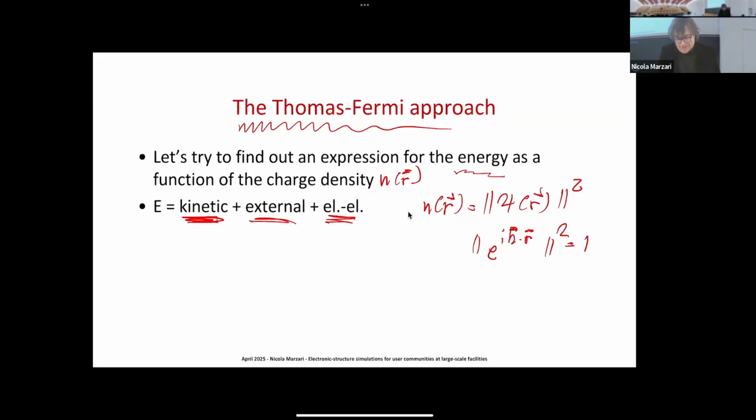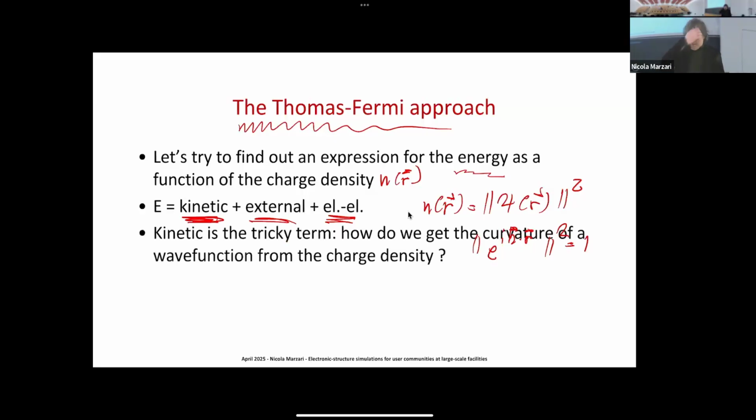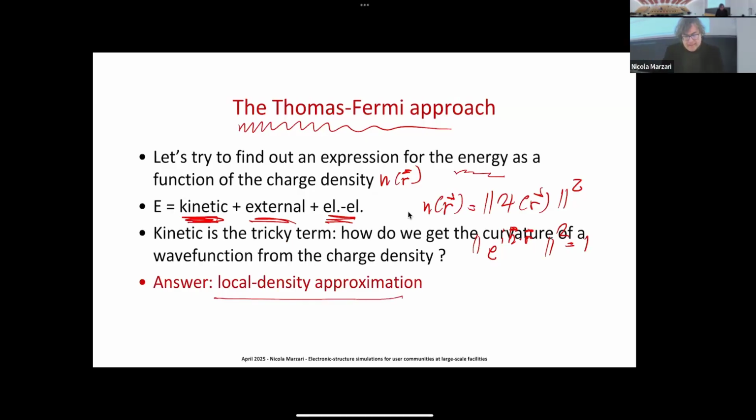Fermi was not someone that would stop at such a small problem, and he had a brilliant idea: he introduced what is called the local density approximation. So he said, we have our water molecule here. And what we want is to extract from this charge density the kinetic energy term. And what he said is, well, we look at it piece by piece, infinitesimal cube by infinitesimal cube.